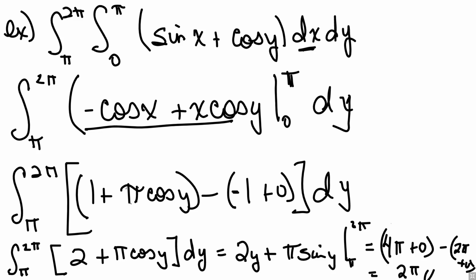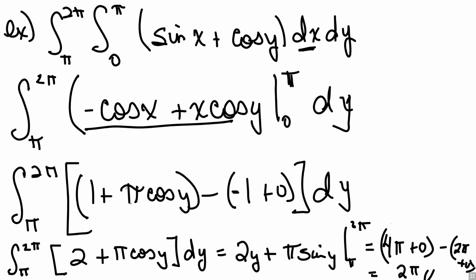I have a question. So we did the integral of sine x plus cosine y with respect to x first, right? And then we treat cosine y as like a constant, kind of? Yes. Okay. I was confused in that part.